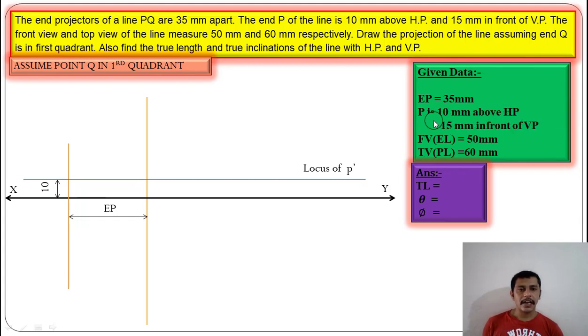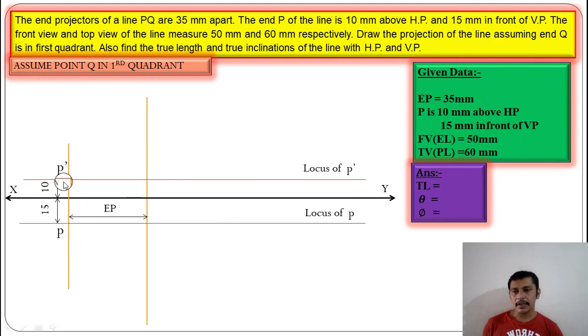In front, that means the plan of point P will be 15 mm below the XY reference line. So measure 15 mm in the downward direction and draw the locus of P. Now consider this as the projector of P. We will get P dash over here and P over here. So this will be the elevation of point P and this will be the plan of point P.